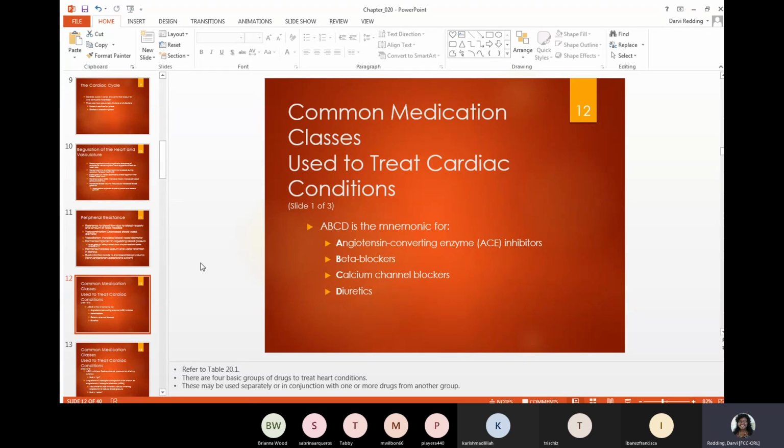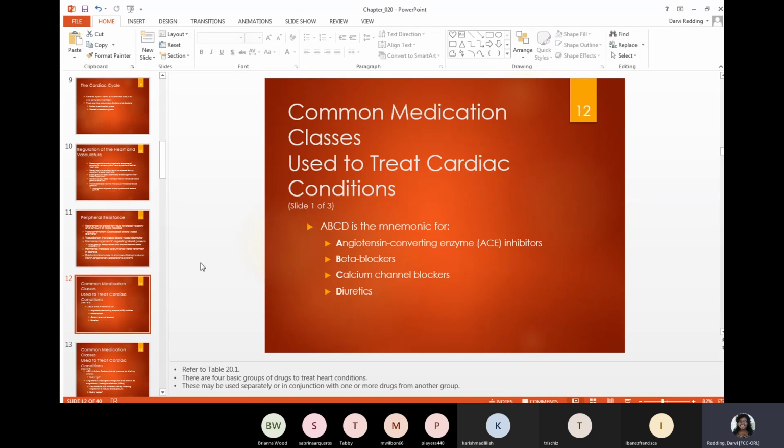Another drug class would be beta blockers. The next drug class would be calcium channel blockers, which is abbreviated as CCBs. And then the last class that would help with cardiac conditions would be diuretics, which is a medical term for a water pill. And there are different types of diuretics, but we'll get into that.